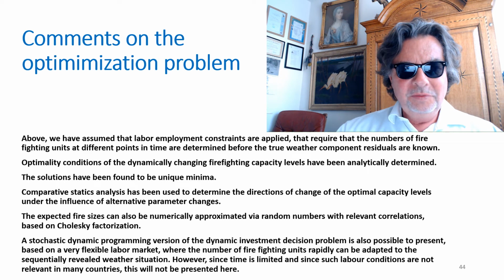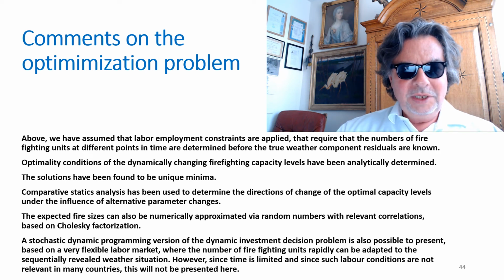The solutions have been found to be unique minima. Comparative statics analysis has been used to determine the directions of change of the optimal capacity levels under the influence of alternative parameter changes. The expected fire sizes can also be numerically approximated via random numbers with relevant correlations based on Cholesky factorization.